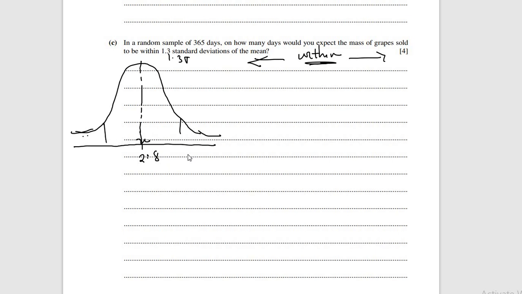Within the mean, here will be like minus 1.3 standard deviations, while this one will be plus 1.3 standard deviations. So this is 1.3 standard deviations within the mean.